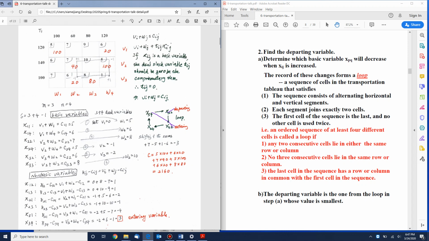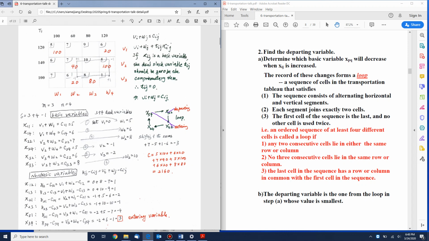When we set up a departing variable and build up the loop, we want to know if we chose it correctly, whether when we make this change, we can save some money. So we just simply add those costs whenever we shift 1 unit. Okay, how much can we save? So you could see that if we increase 1 in the cell 2 2, we need to pay $7.